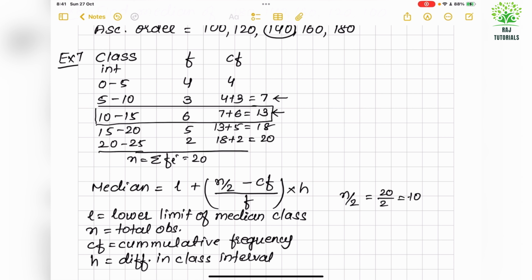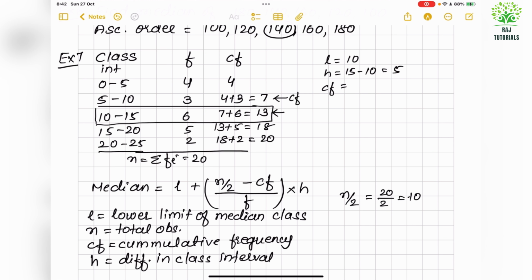See, now my L will be the lower limit of the median class. So median class is 10 to 15. So 10 will be my L. H will be 15 minus 10, so that will be 5. Now CF will be one value above than median class.